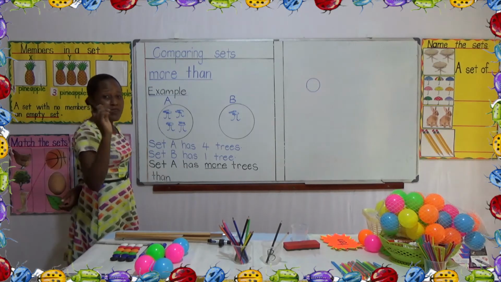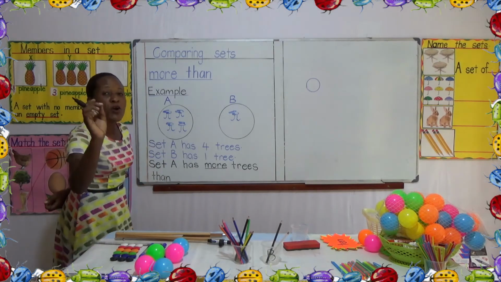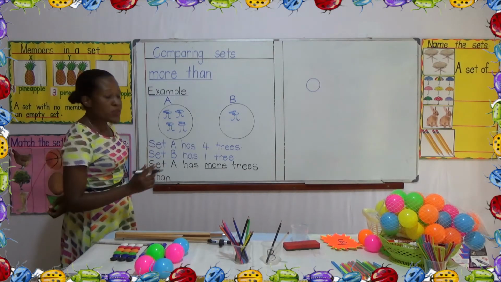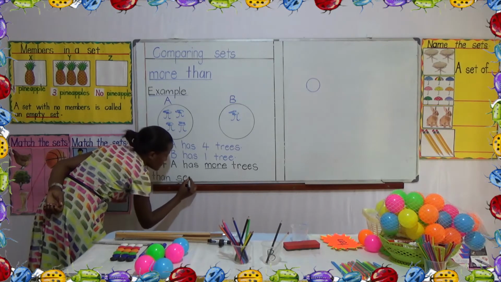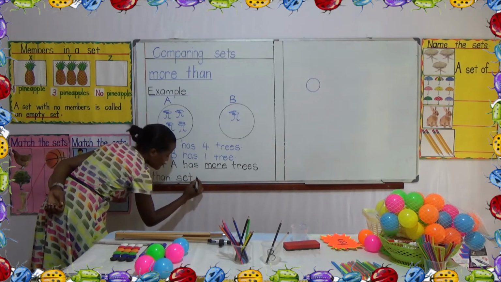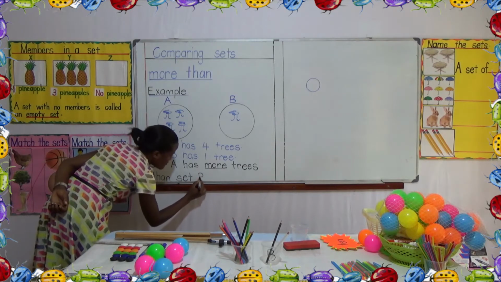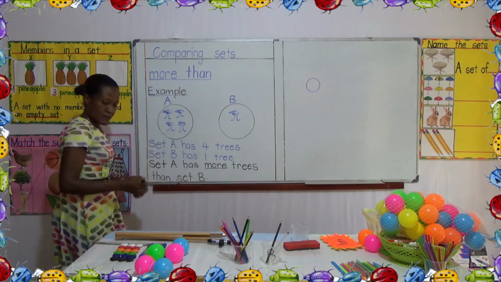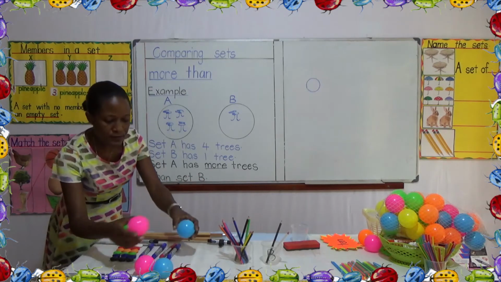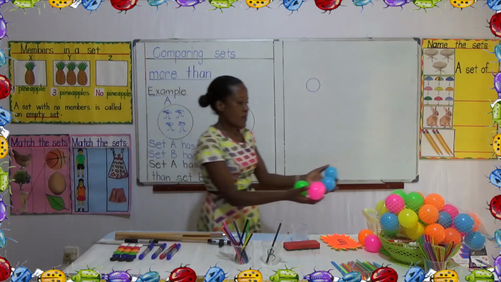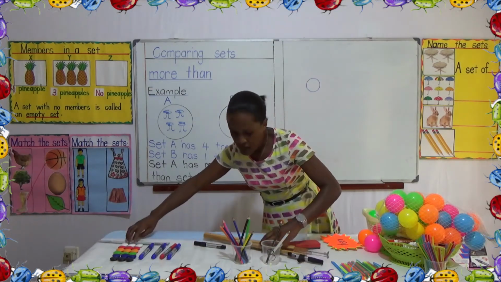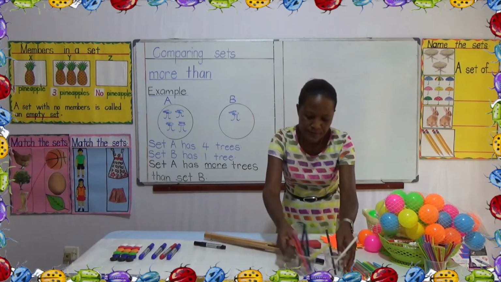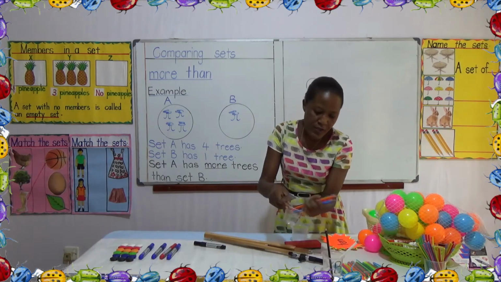Than set B. Set A has more trees than set B. I have written that. Let's read together.